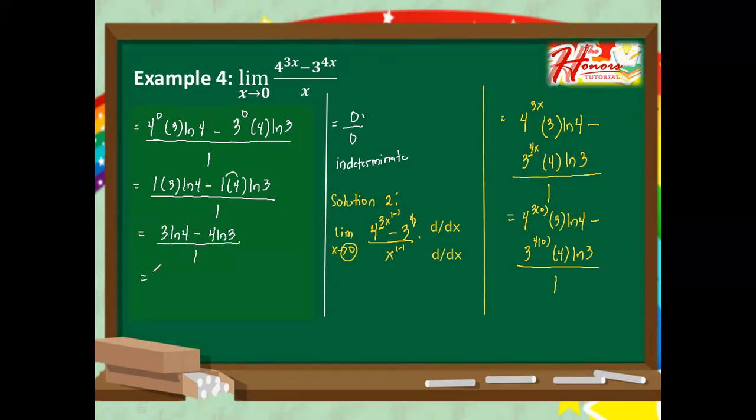So if we enter this into our calculator, we will get negative 0.235566, or we can just write negative 0.24. So this is the answer for example number 4.